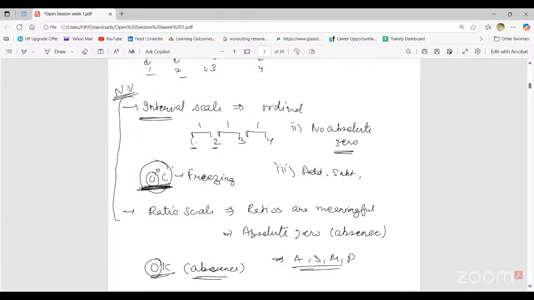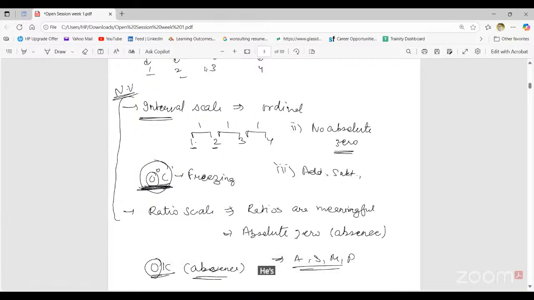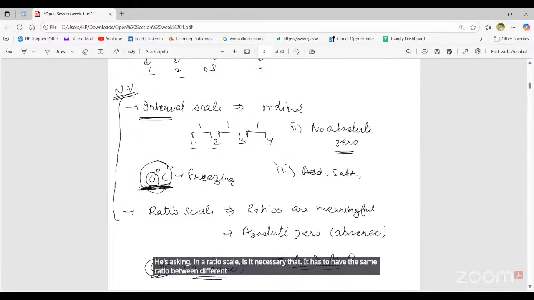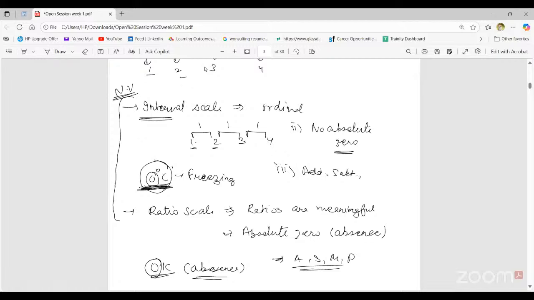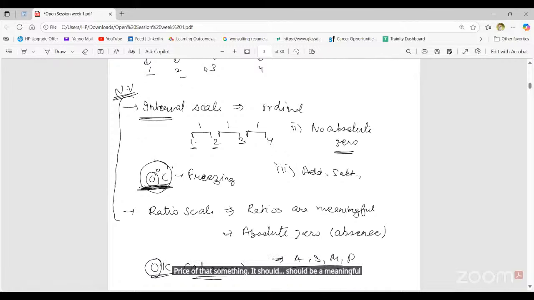He's asking whether in a ratio scale it is necessary to have the same ratio between different data. No, it should not. The ratios should be meaningful, like it should be twice of that, thrice of that. It should be a meaningful thing like that.